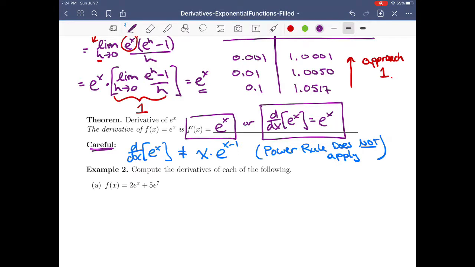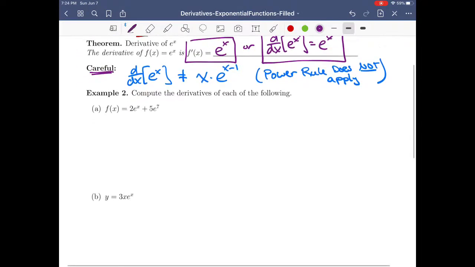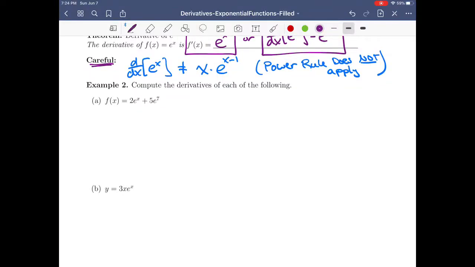Let's do a couple of examples. Here I have 2 e to the x plus 5 e to the 7. Using my other rules, I can pull out the constants. So this is 2 times the derivative of e to the x plus 5 times the derivative of e to the 7.